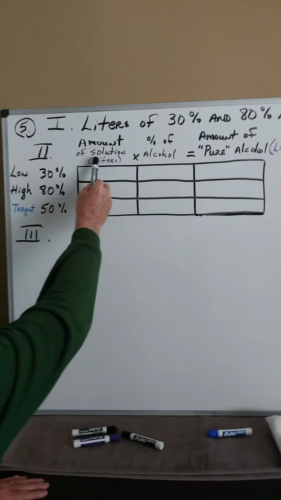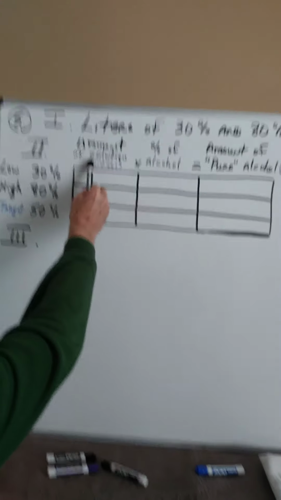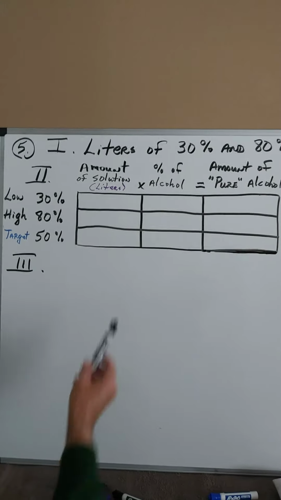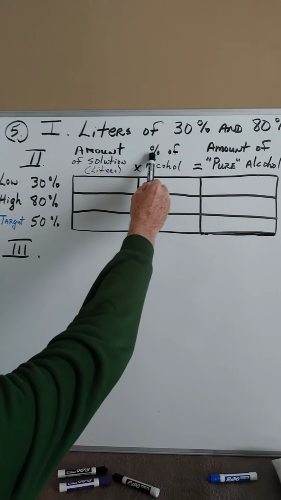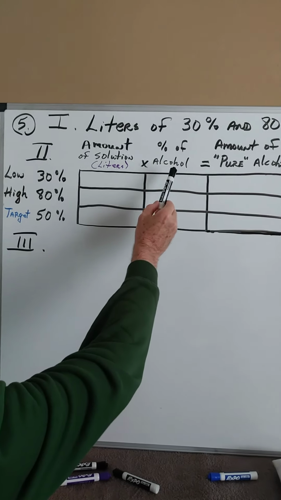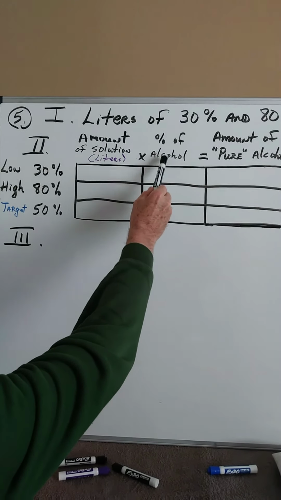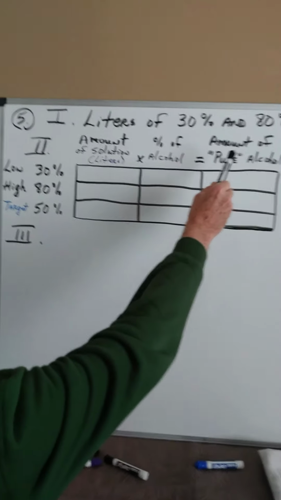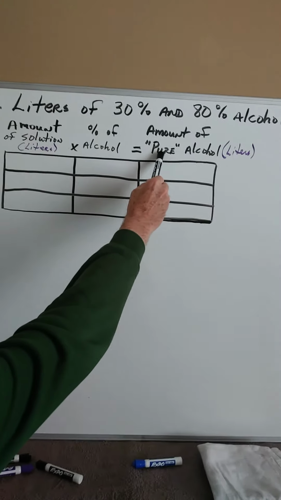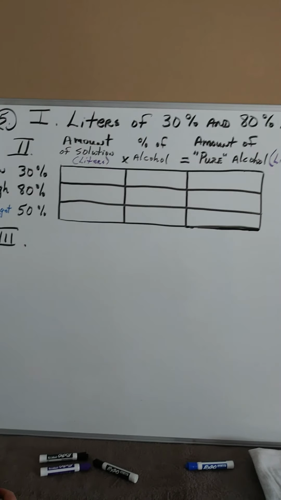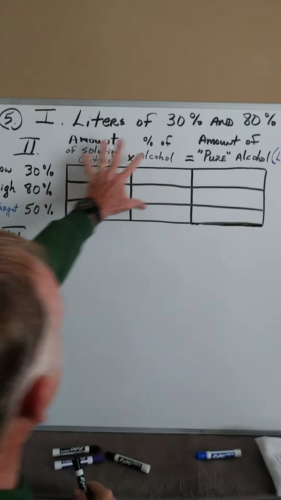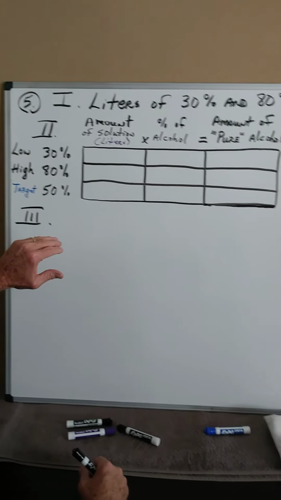I put in parentheses here liters because that's the label that we're talking about. Multiplied by the percent of alcohol, that's our ingredient, alcohol, is equal to amount of pure alcohol. Nothing but pure alcohol.